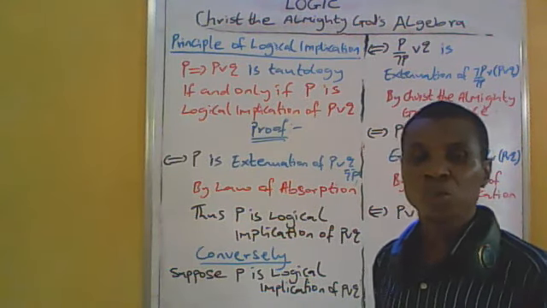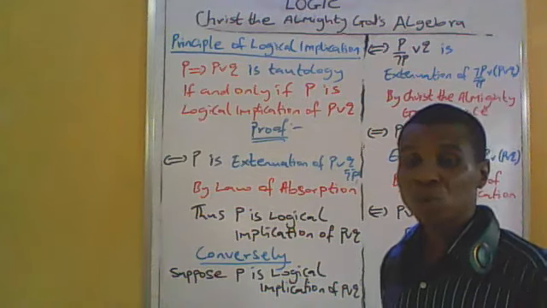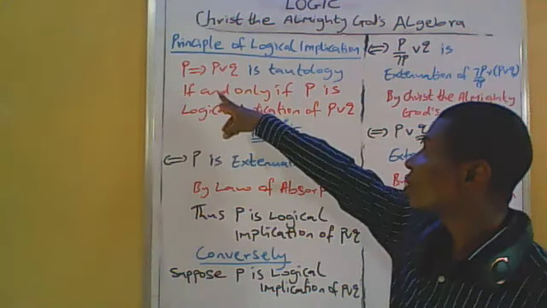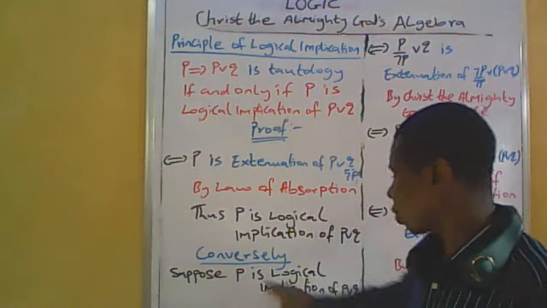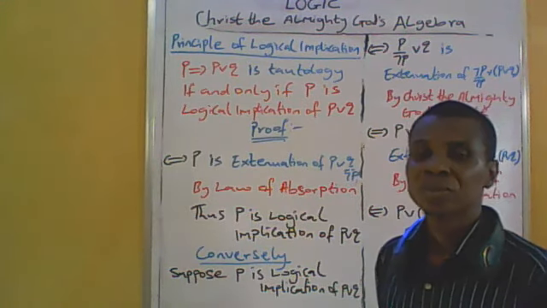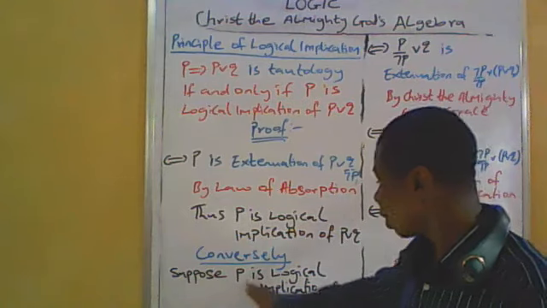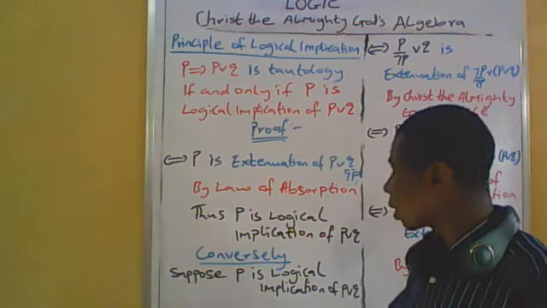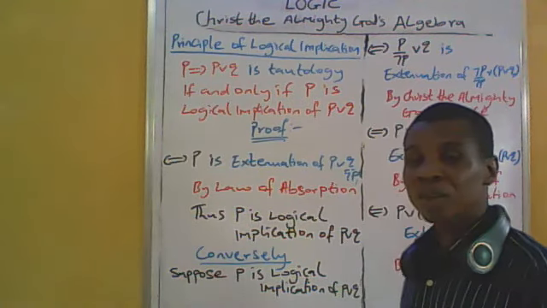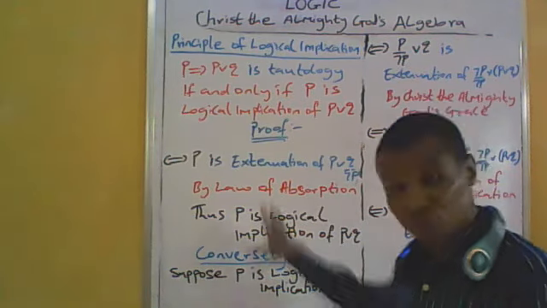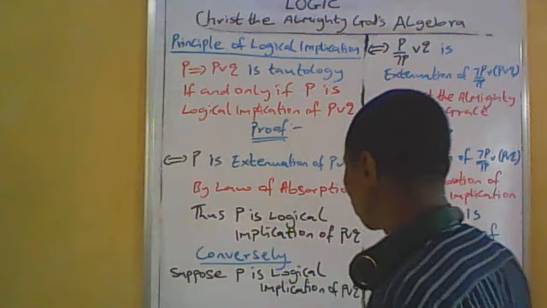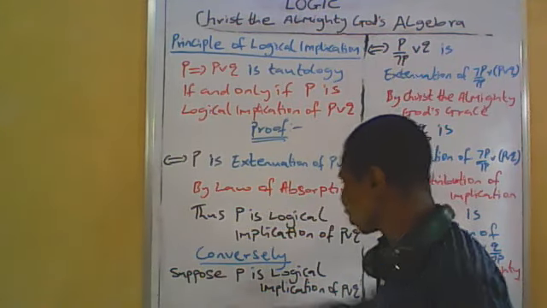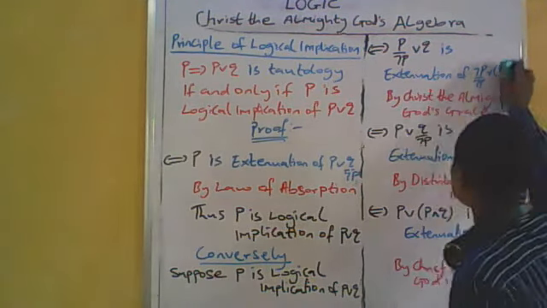So we are going to prove that P implies P or Q, since this P is a logical implication of P or Q. Whenever it implies P or Q, it is a tautology. We're going to prove it. It's our hypothesis. So if this is true, this also must be true.